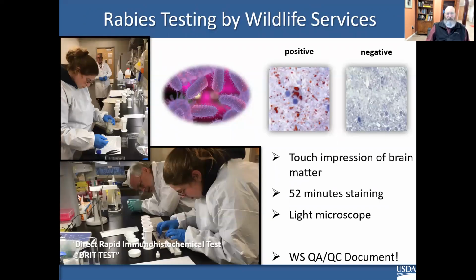We also have a number of our biologists do the direct rapid immunohistochemical test, the DRIT test, which is the easier way to say it. And they're basically doing rabies tests. It's a field-based test that has allowed us to test samples right there and quickly turn those around and again put more dots on the landscape.